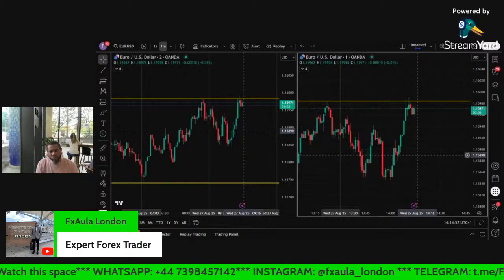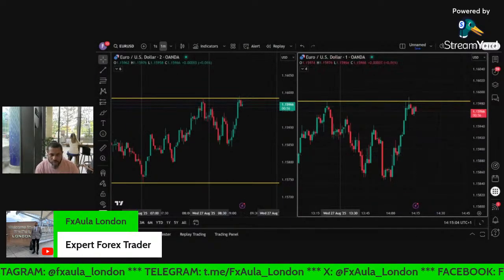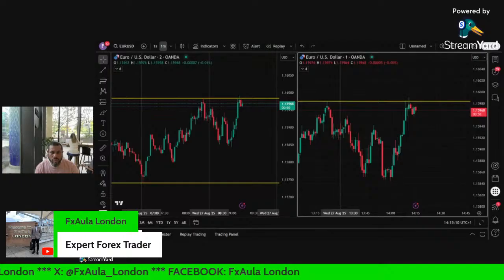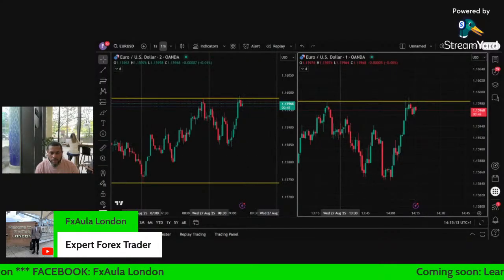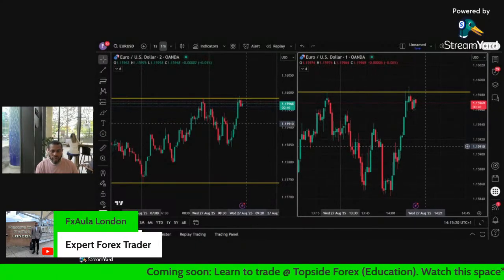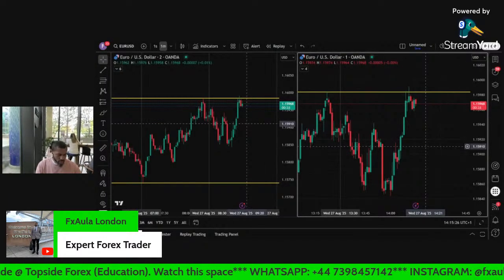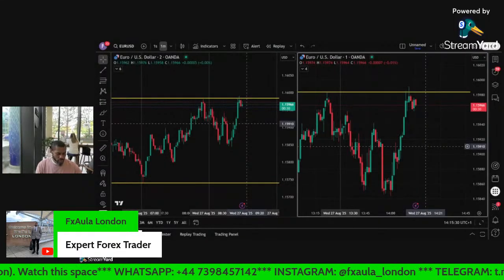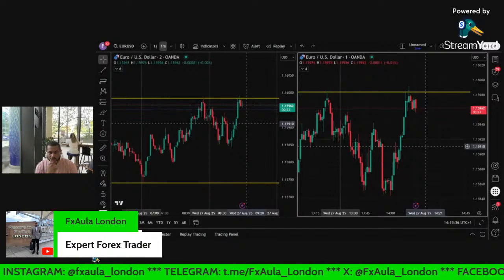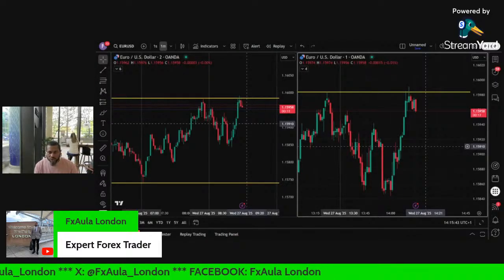If the swing low does not form the way I expect, then the trade idea is invalidated. Okay, price is not forming a swing low yet.